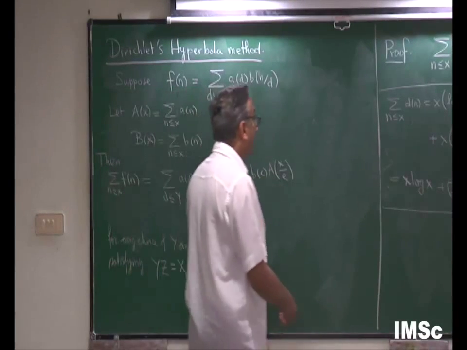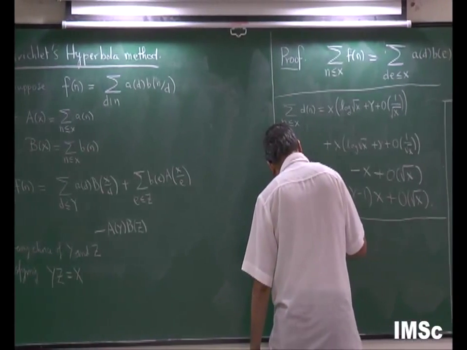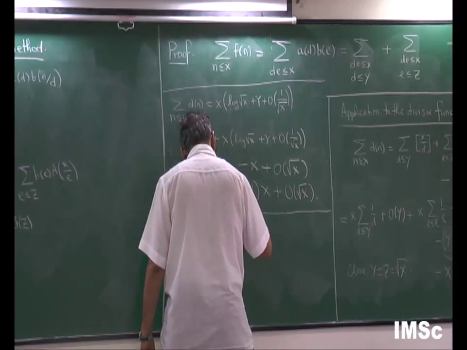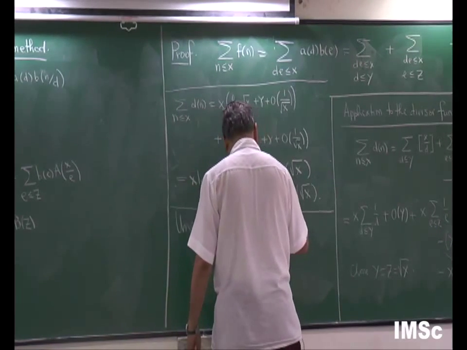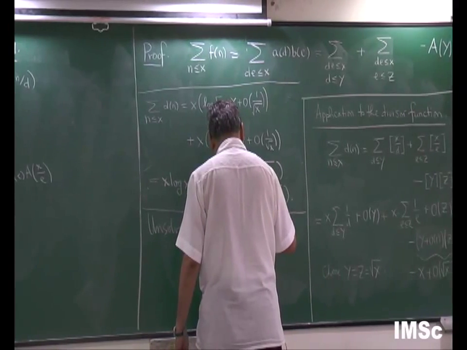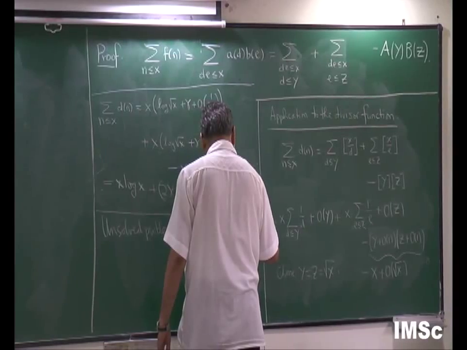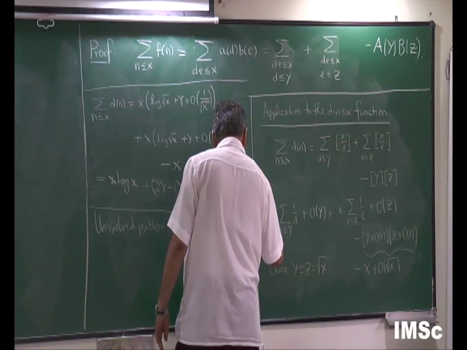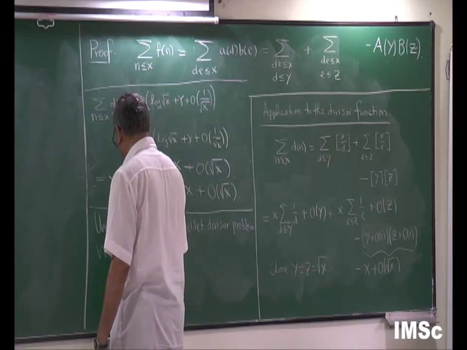So now I might as well mention to you there's a major unsolved problem called the Dirichlet divisor problem. And the problem is, what is the error term? That's the unsolved problem.